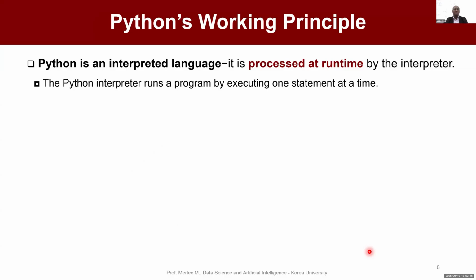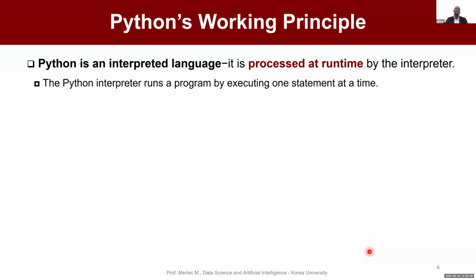First of all, you have to keep in mind that Python is an interpreted language. It means that the Python interpreter processes the Python program at runtime. That means it runs the program by interpreting the program instruction by instruction, one at a time.